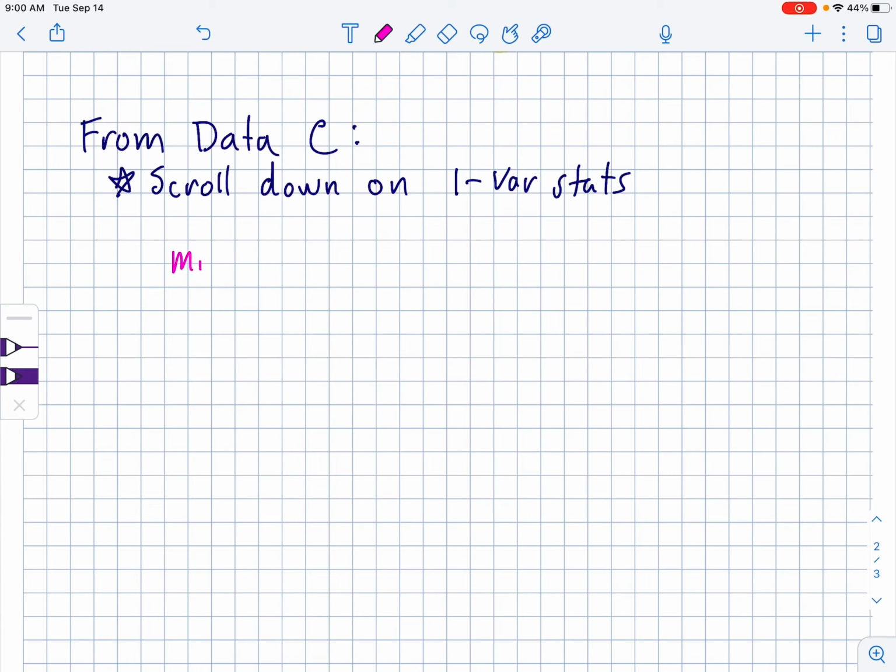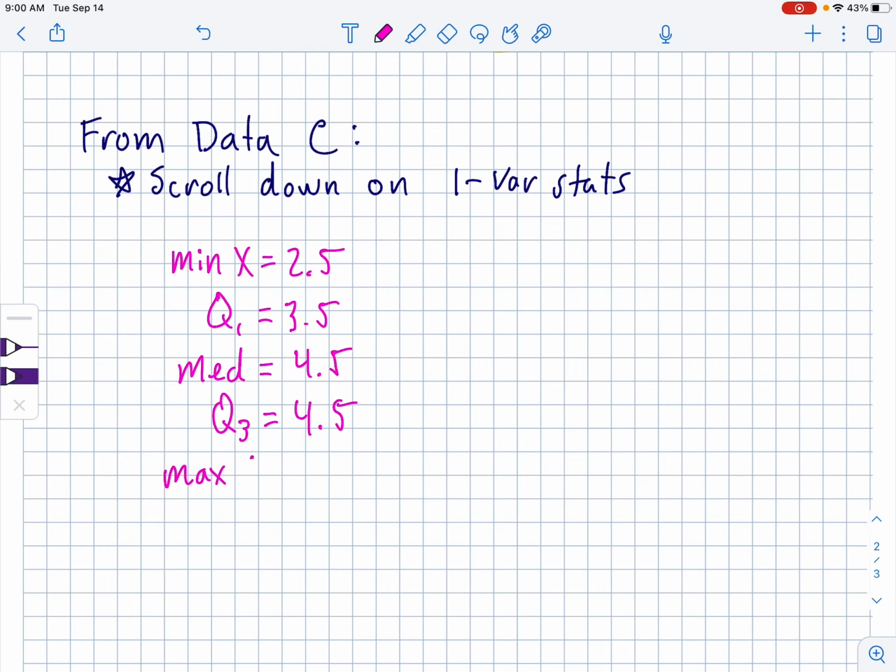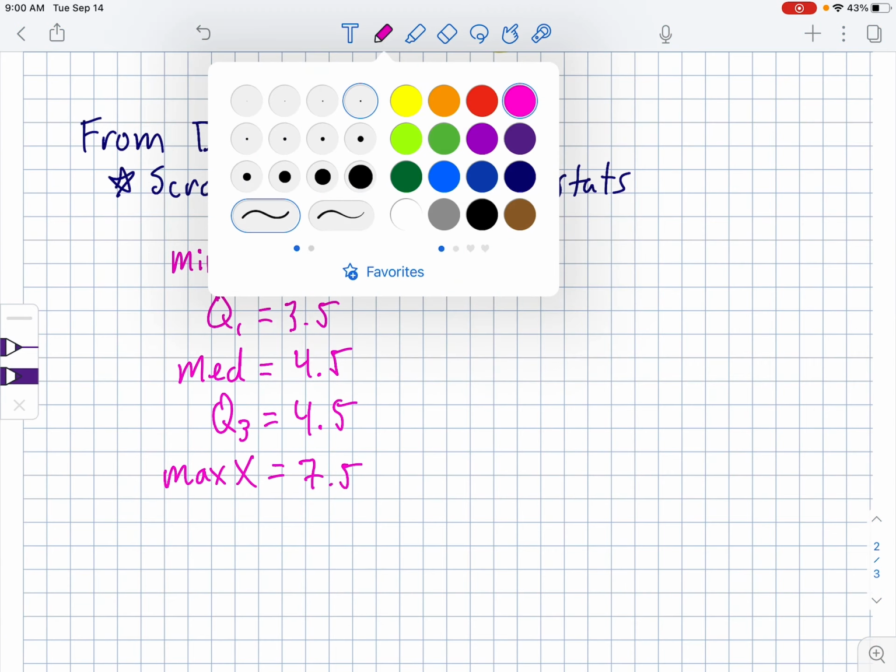In this example, it says min x is equal to 2.5, Q1 is equal to 3.5, med, what do you think that stands for? It's the median, and Q3 is equal to 4.5 as well, and then the max x is equal to 7.5.